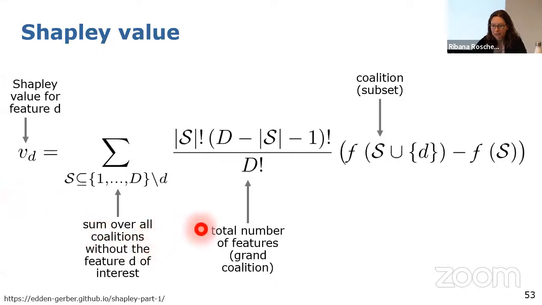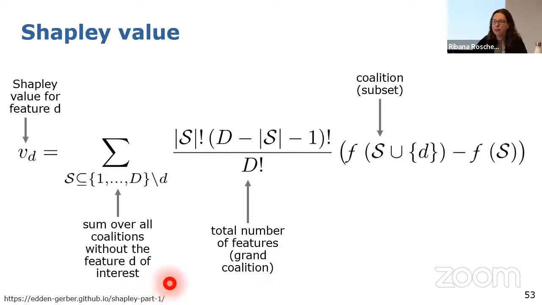Then we have here the total number of features, that's the grand coalition. In our case, with the 4 players, the D would be 4. Then you have the coalition, which you analyze at the moment. This is a subset. And then here you have a sum over all coalitions without the feature D of interest.